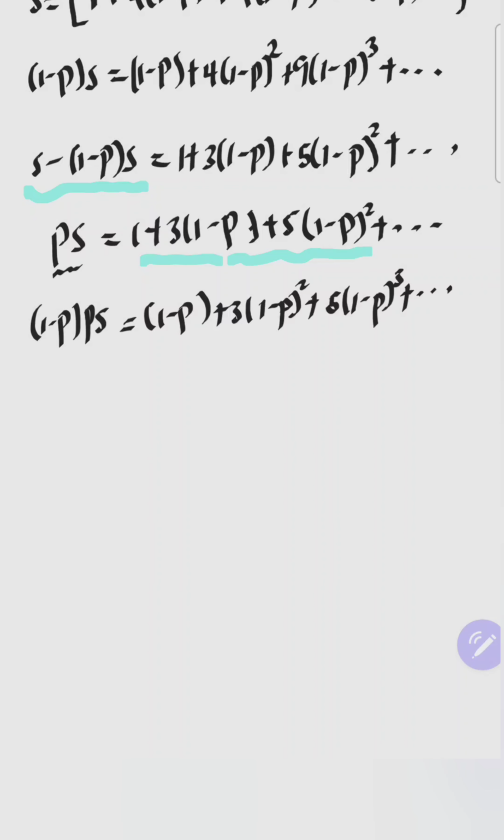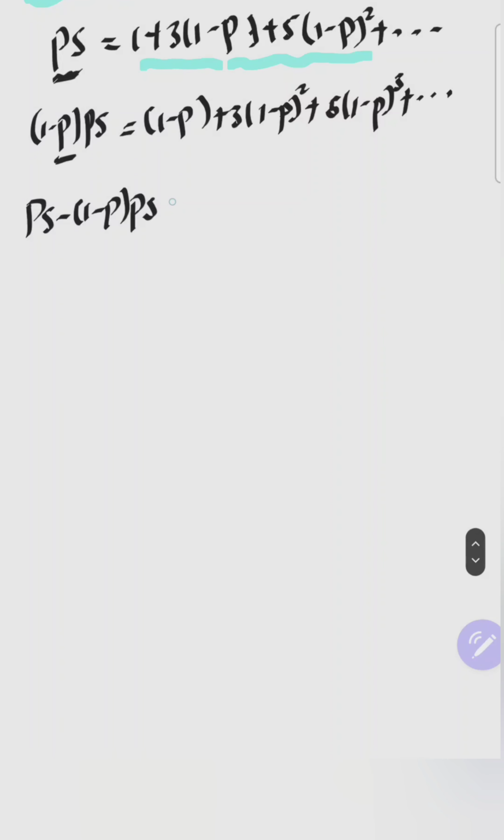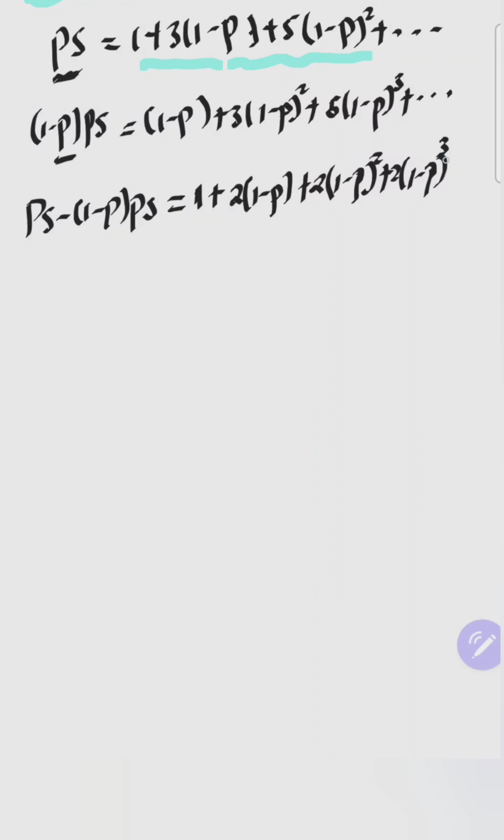Now, the next thing to do is to use the same approach by saying this term minus this term, which is ps minus (1 minus p)ps. And this is going to be 1 plus 2(1 minus p), plus 2(1 minus p) squared, plus 2(1 minus p) cubed, like this.